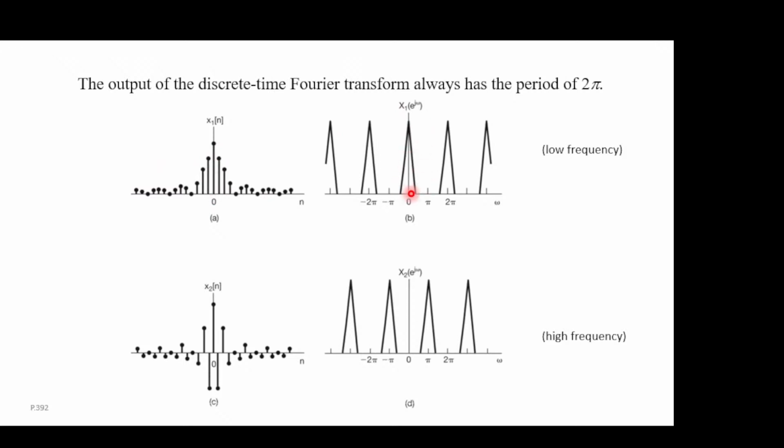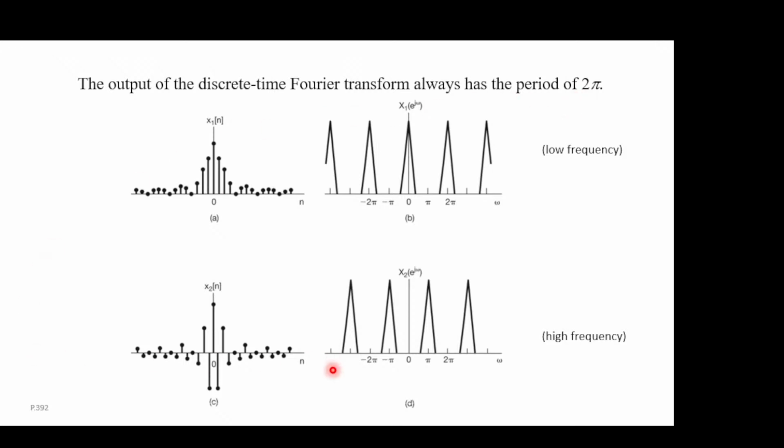The low frequency things, now that omega has a period 2 pi, are things around omega equals 0 or omega equals 2 pi. So if we have a function that looks like this, it's kind of low frequency, and our frequency domain signal will concentrate around 0 and 2 pi.